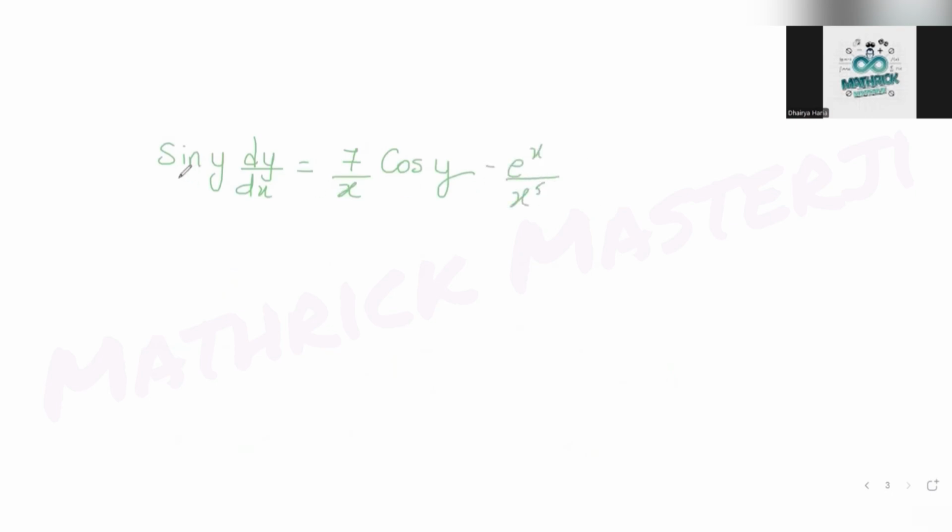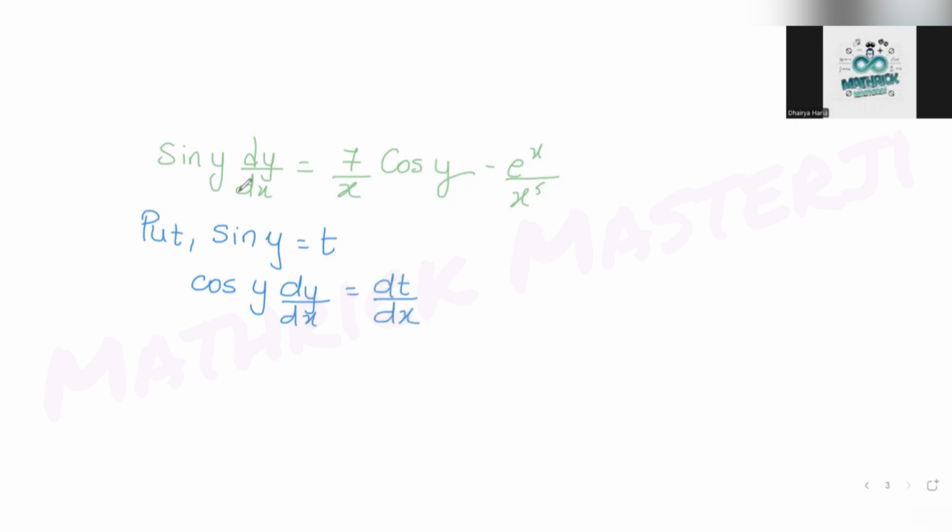Now I can see sin y and cos y are present, so I can substitute another variable. Let's say I put sin y as t. Then cos y dy/dx becomes dt/dx.